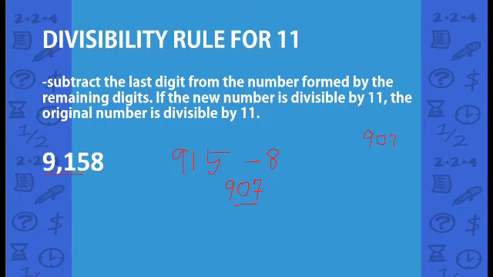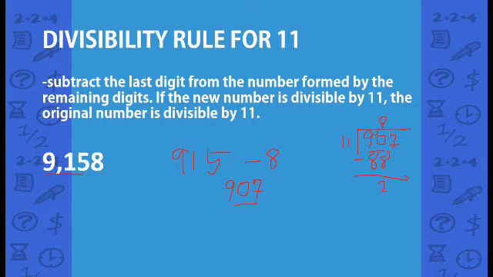So, 907 divided by 11. Let's start with 90. 90 divided by 11 is 8. 8 times 11 is 88. So, 90 minus 88 is 2.